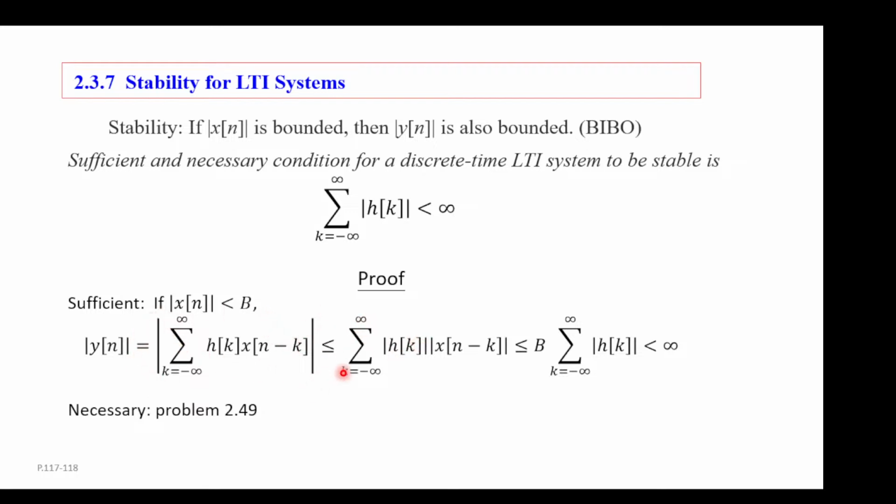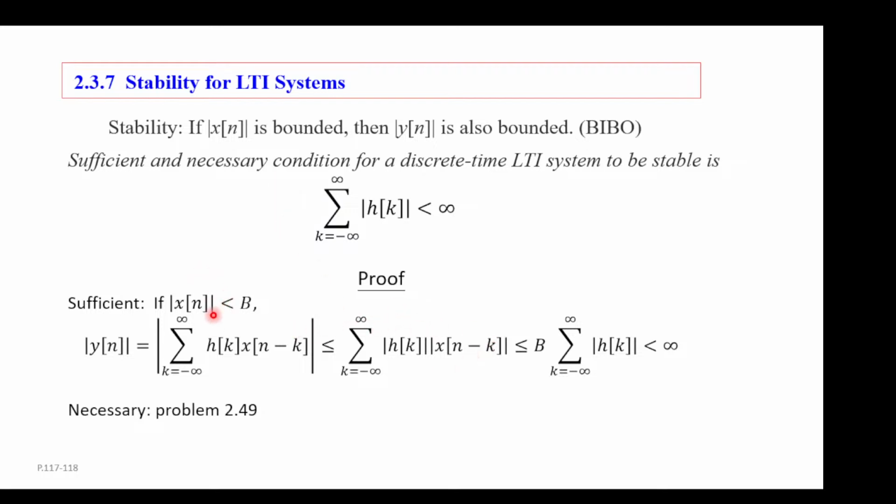Next we use the triangle inequality. The absolute value of a summation is less than the summation of absolute values, and the absolute value of a product is the product of the absolute values of the terms. So this is less than the summation of absolute value of h and absolute value of x[n minus k].